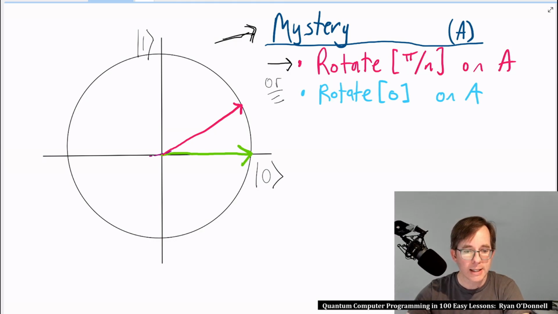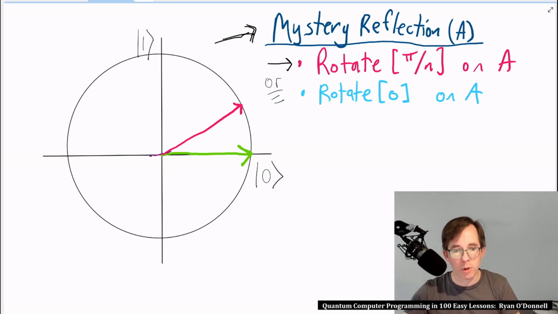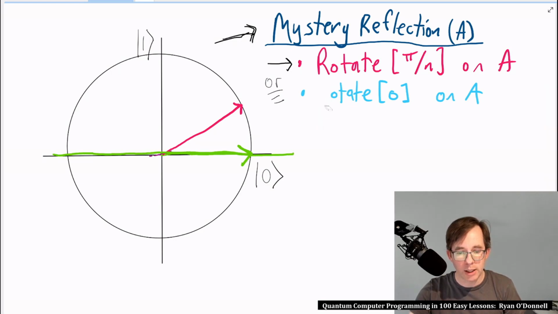So let me erase this. And let's now imagine that you have a routine you can call called mystery reflection. And you're promised it does one of two possible reflections. So let's say it either reflects through the green horizontal axis here. I'll make that the second one here.